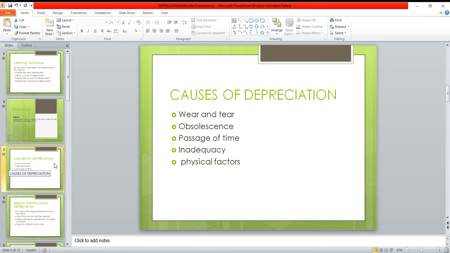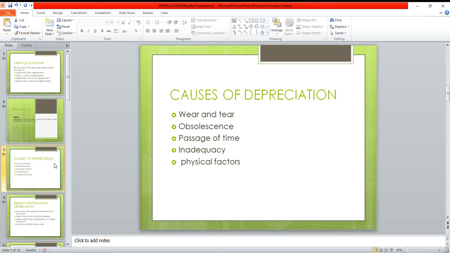That is a situation where the assets get depleted with time. We also have the passage of time. As the asset is being used in business or in generating income, with time that particular asset declines in value.